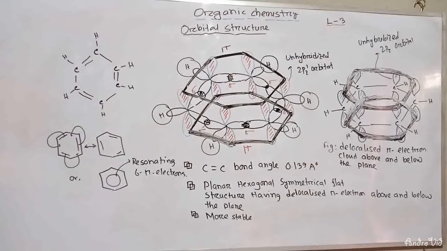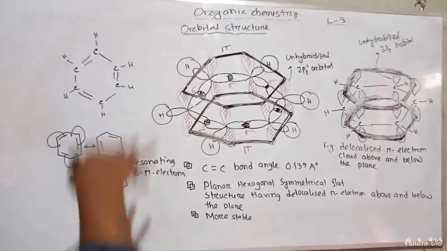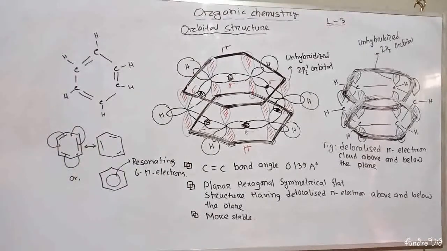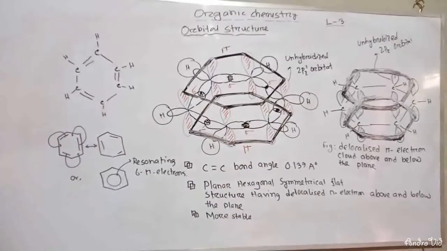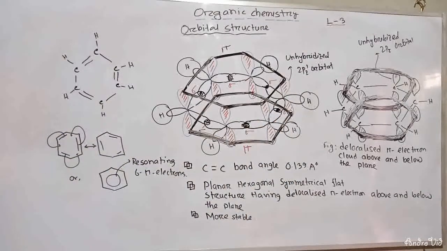Now there is still an unhybridized 2pz orbital, which is perpendicular to the hexagonal plane of the benzene ring. As there are 6 carbons, each sp2 hybridized, there must be 6 unhybridized 2pz orbitals, perpendicular to the planar hexagonal structure.